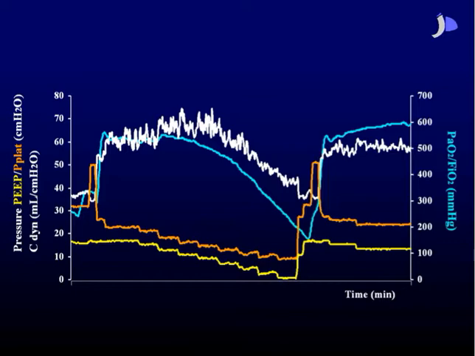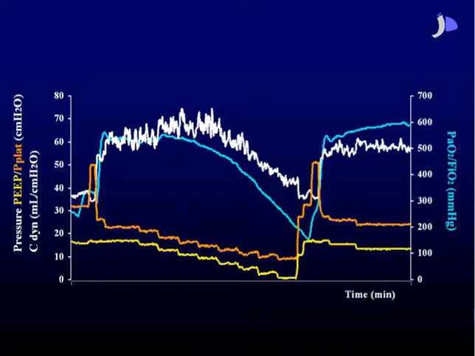So the data shown are airway pressures, the plateau peak pressure in orange, the PEEP level in yellow. Then we had online blood gas monitoring, and all these measurements were online on a breath-to-breath basis, including online changes in dynamic compliance.